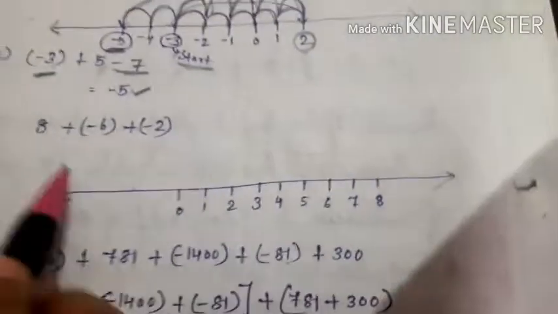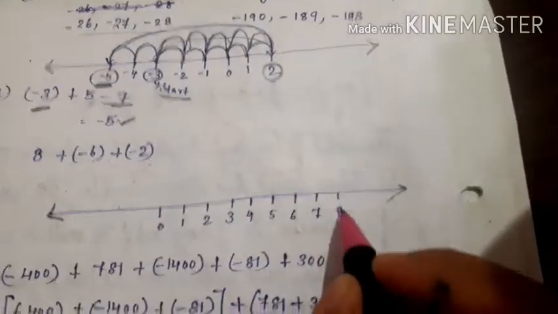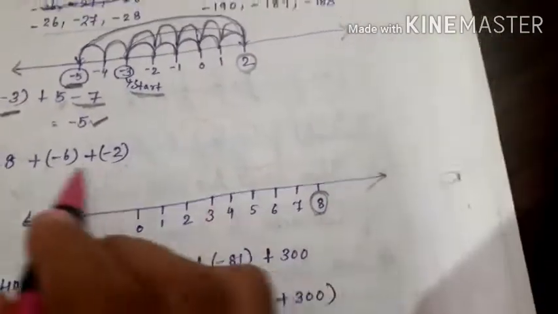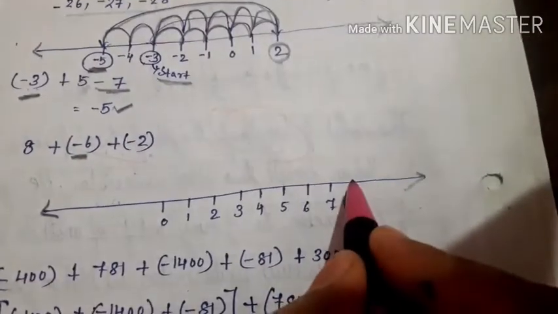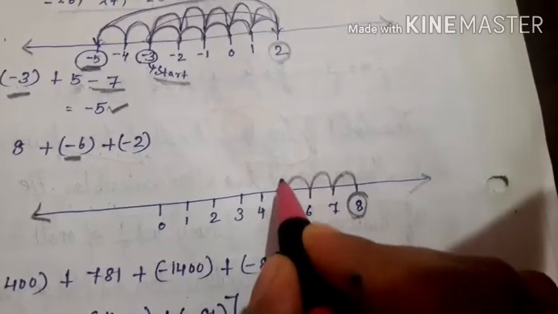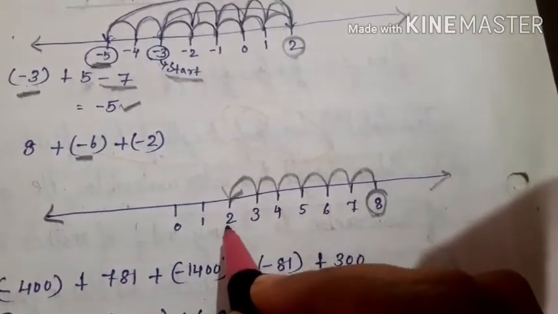Here you see 8 plus minus 6 plus minus 2. Okay. You start from 8. Starting point is 8. Then minus 6. Minus 6 means you go to the left side 6 steps: 1, 2, 3, 4, 5, 6 steps. You reach 2.